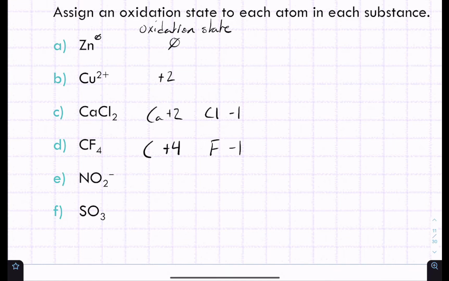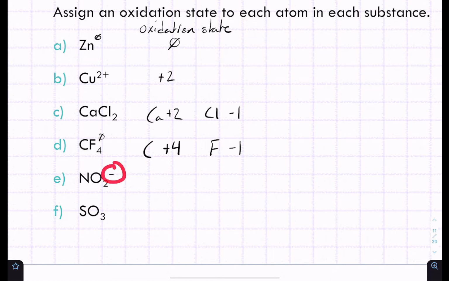Yes, it has to be the opposite, because carbon tetrafluoride here is written without a charge. So we have to account for that.